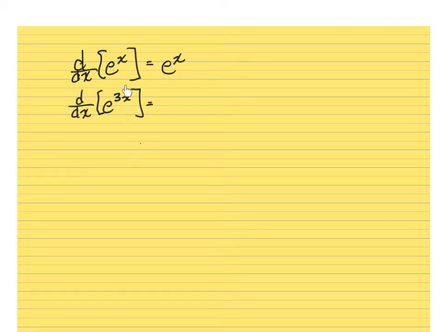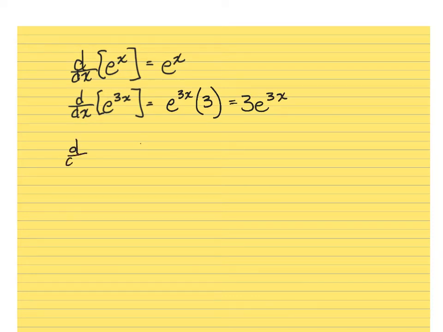The chain rule applies when we've got a function inside of another function, a composite function. So you just take the derivative of the exponential function, which is just a copy of itself, and then you take the derivative of the inside function, 3x. And of course, the derivative there is just 3. So 3e to the 3x is the derivative.